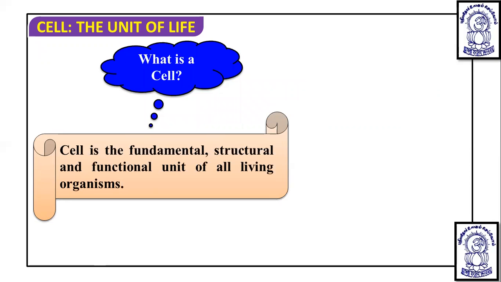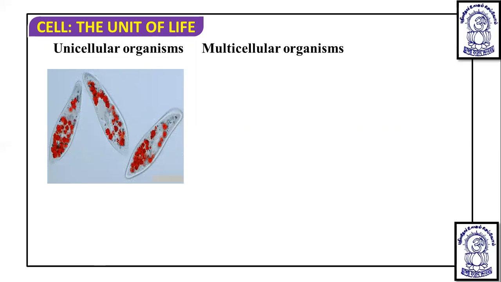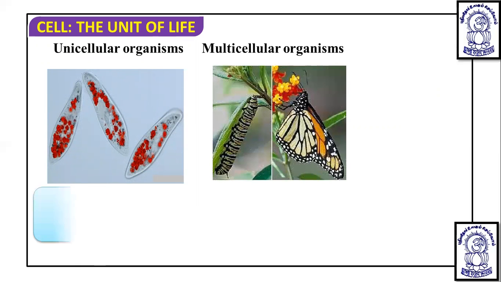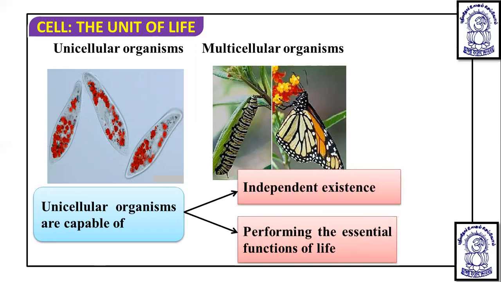Suppose it is the structural and functional unit of all living organisms, then these are unicellular organisms, and these are multicellular organisms. Unicellular organisms are capable of independent existence and performing the essential functions of life.